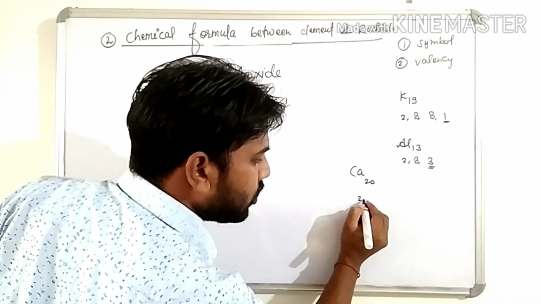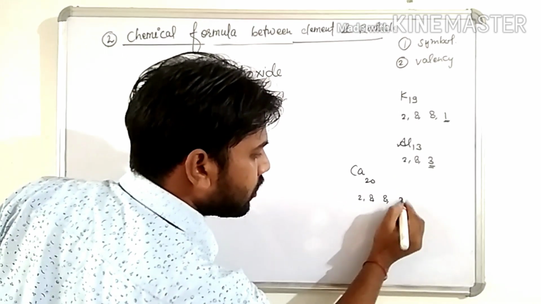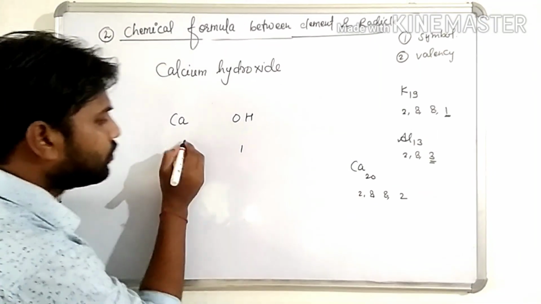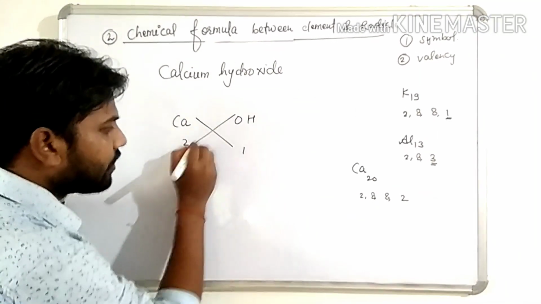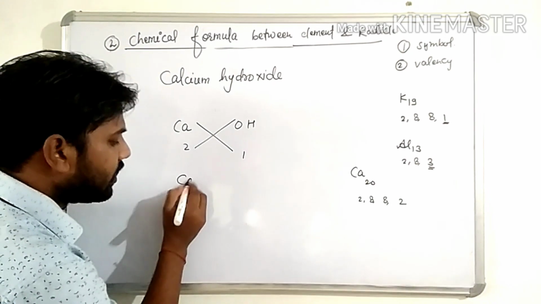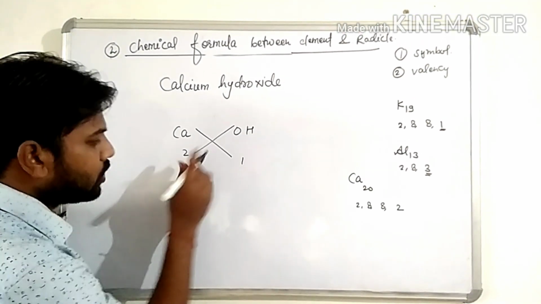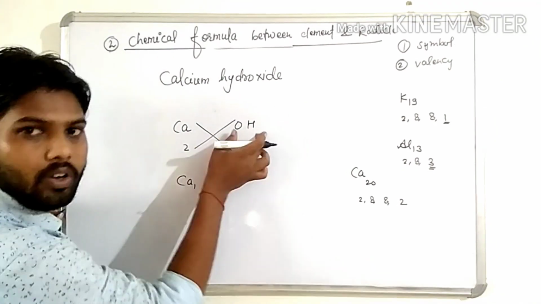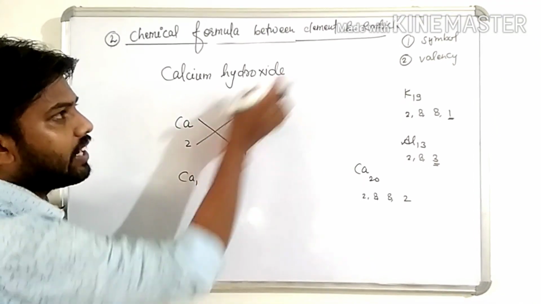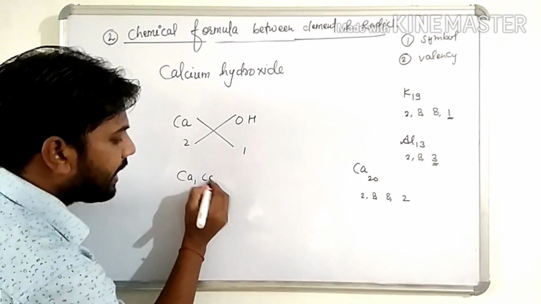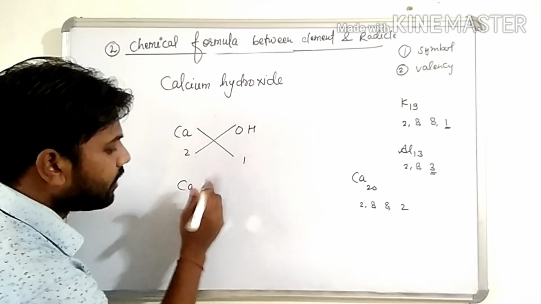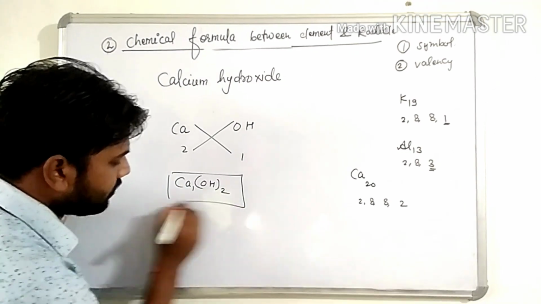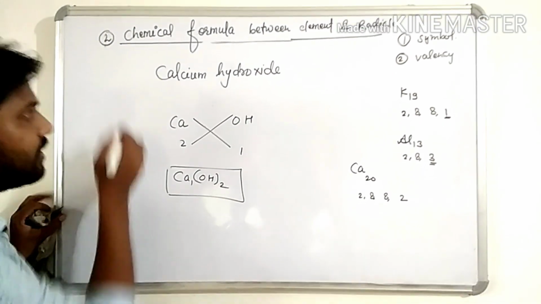Atomic number 20: 2, 8, 8, 2. So children, the valency of calcium is 2. Now transfer, 1 is going there. So when 2 valency of calcium transfers to polyatomic ions, meaning radical, first we will make a bracket and write its valency. Clear children?